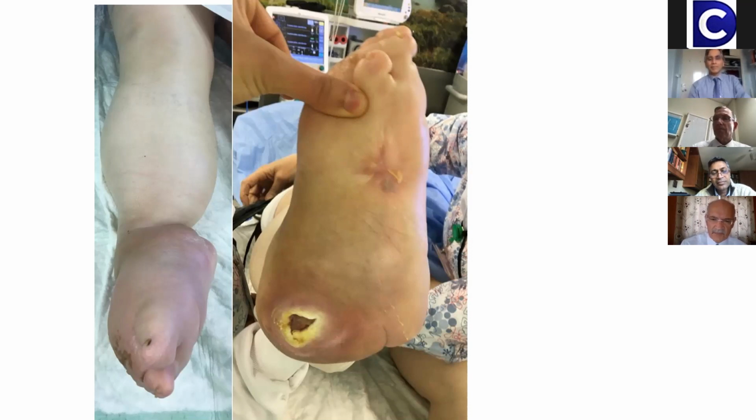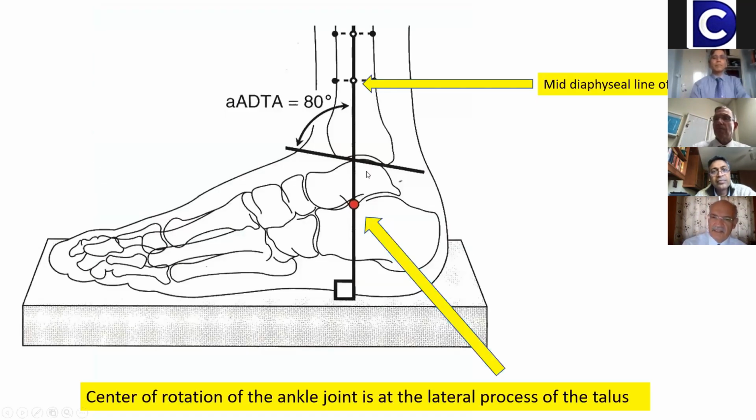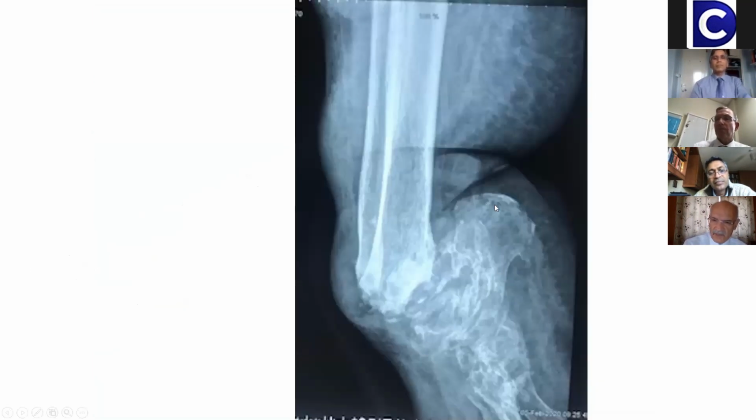So in such a patient, again, remember that we drew the mid-diaphyseal angle and the joint orientation line, and we wanted this line to pass through the center of rotation of the talus. We are planning to do an arthrodesis and to correct the foot. The patient was planned for amputation.